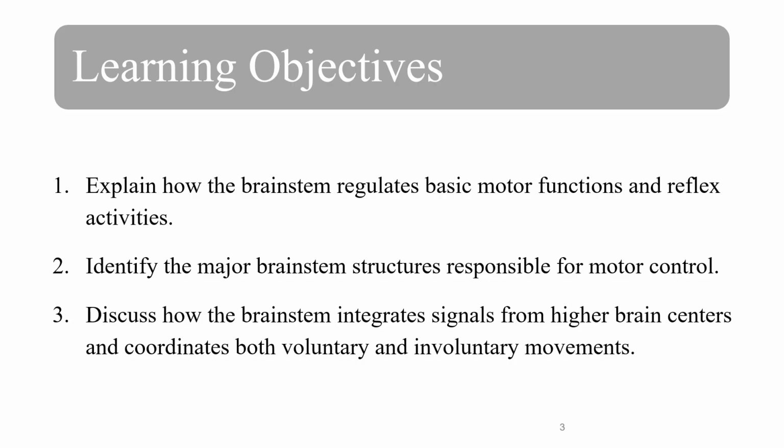At the end of this discussion, you will be able to explain how the brainstem regulates basic motor functions and reflex activities. You should be able to identify the major brainstem structures responsible for motor control. You should be able to discuss how the brainstem integrates signals from higher brain centers and coordinates both voluntary as well as involuntary movement.